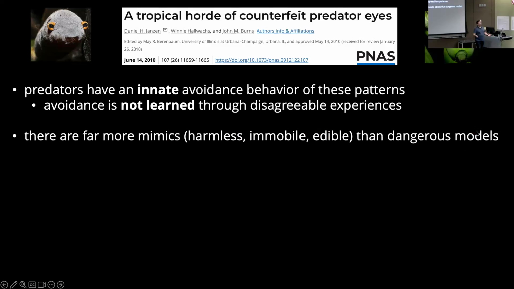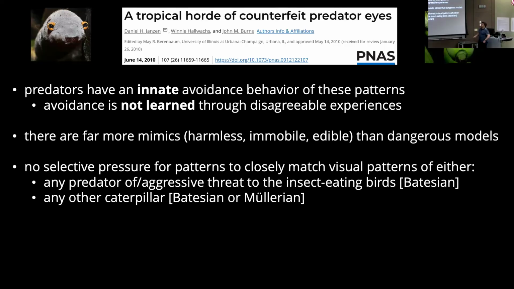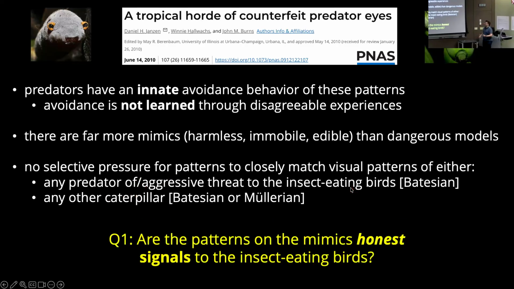You just cannot find models that match these things. There's just a huge diversity of these mimics. And so there doesn't appear to be any selective pressure for the patterns to converge. There almost seems to be pressure for divergence here. So it doesn't really fit either of these things where you're converging on one pattern.